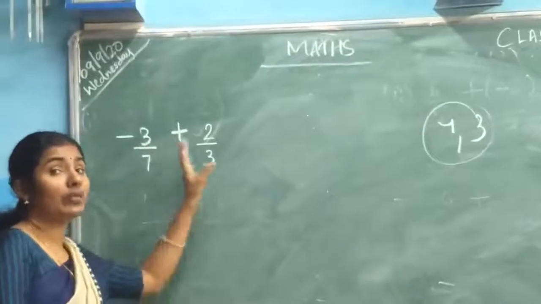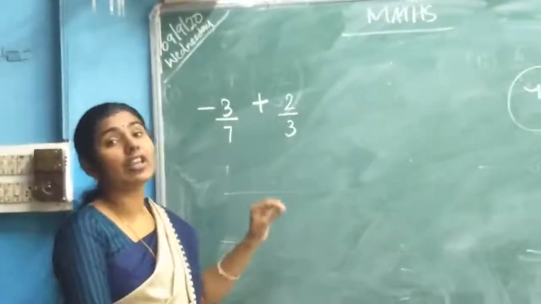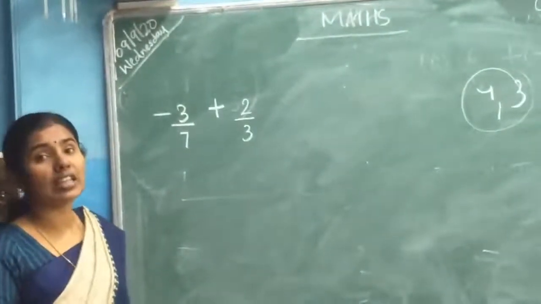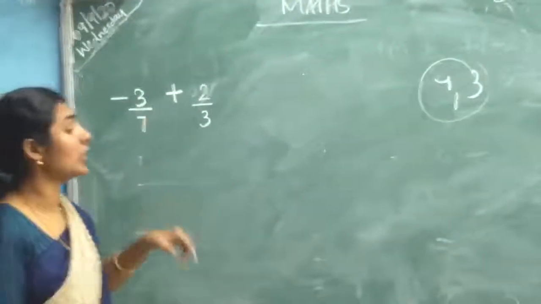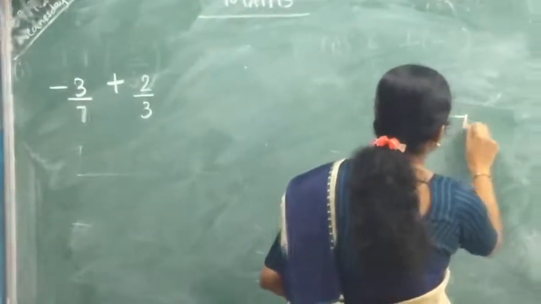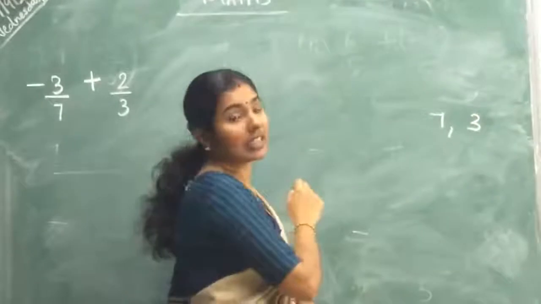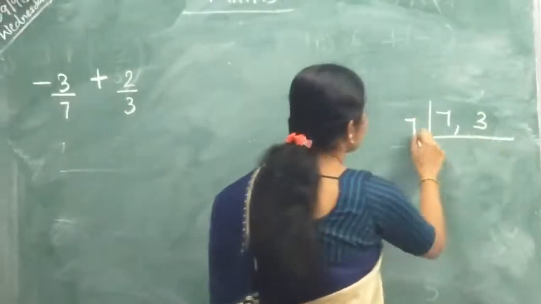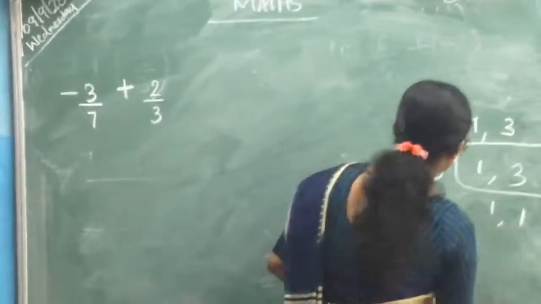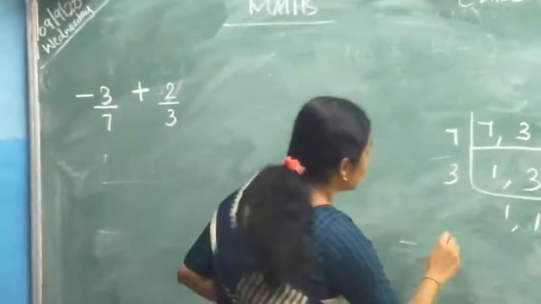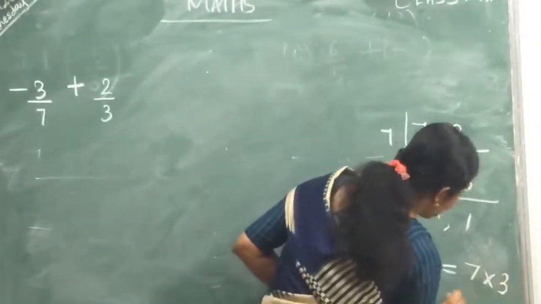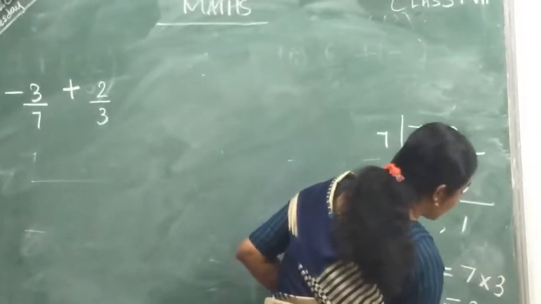When the denominators are different, what should you do? Take the LCM of the denominators. What is the LCM of 7 and 3? Multiplying 7 by 3, that is 21.